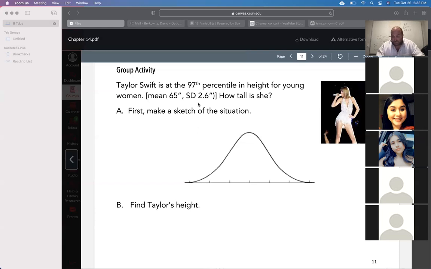And we have someone say 69.89 is correct. See how quick that is when you know what you're doing? She's about 70 inches tall, which is about 5'10".